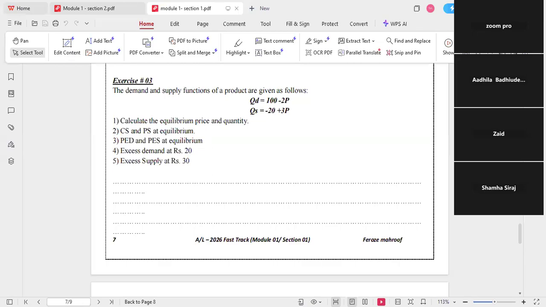Right, excess demand. Okay, above, I said QD minus QS.